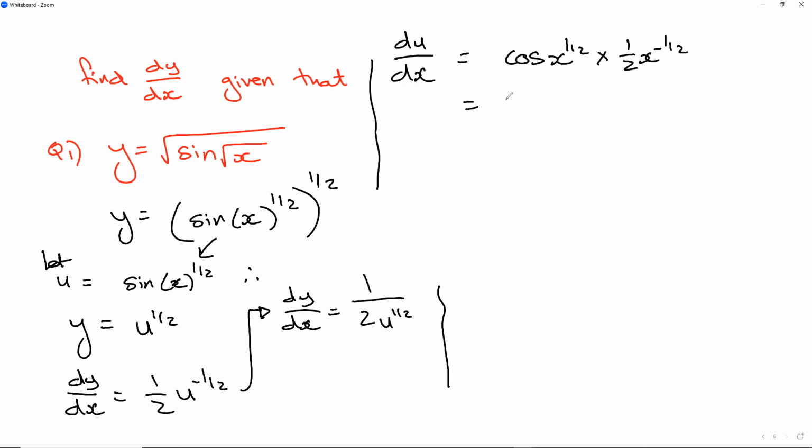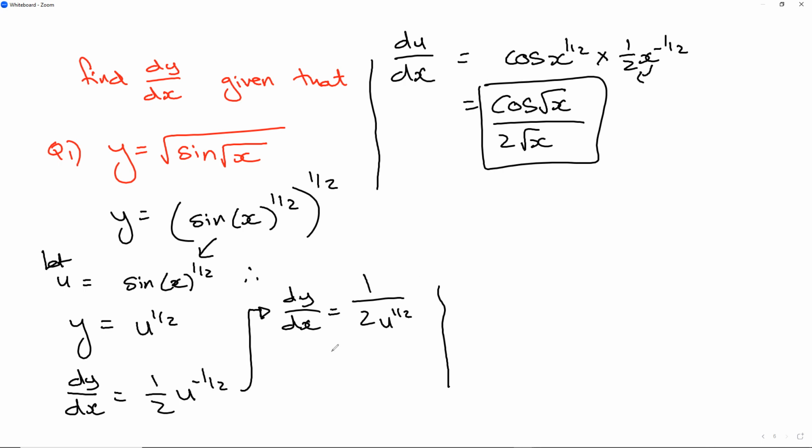So cos root x multiplied by, now this goes to the denominator, so I'll put square root of x underneath. That's du/dx.